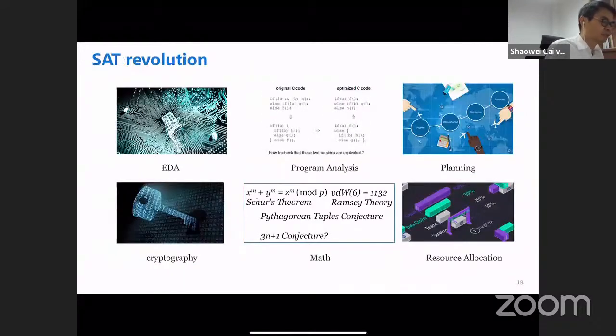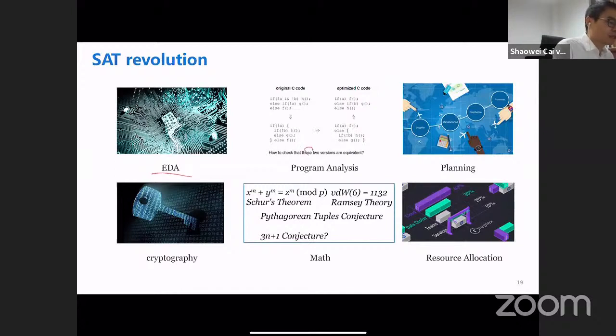The SAT revolution has touched many areas. It's a very important tool in the history of EDA, and many advanced EDA tools today are built on the basis of SAT solvers, and also in program analysis.